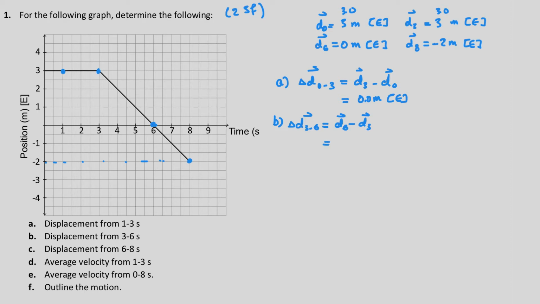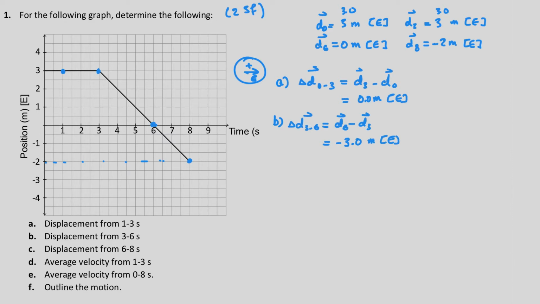I'm taking east to be positive, and we get 0 minus 3, which is -3.0 meters in the east direction or in the west direction.